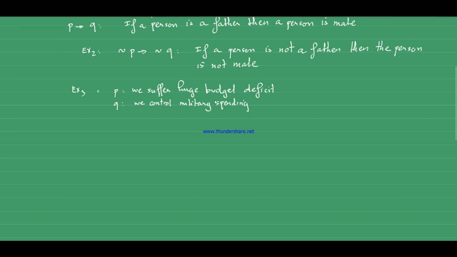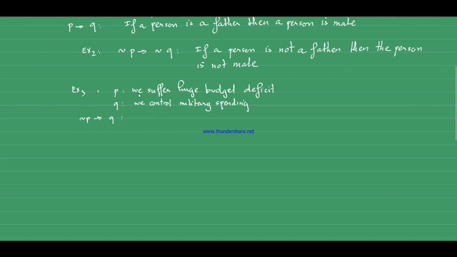Now I want to create a compound if and then statement. I want to change it a little bit. Last time I had two negations, so let's do a negation on P, then Q. How are we going to write this?